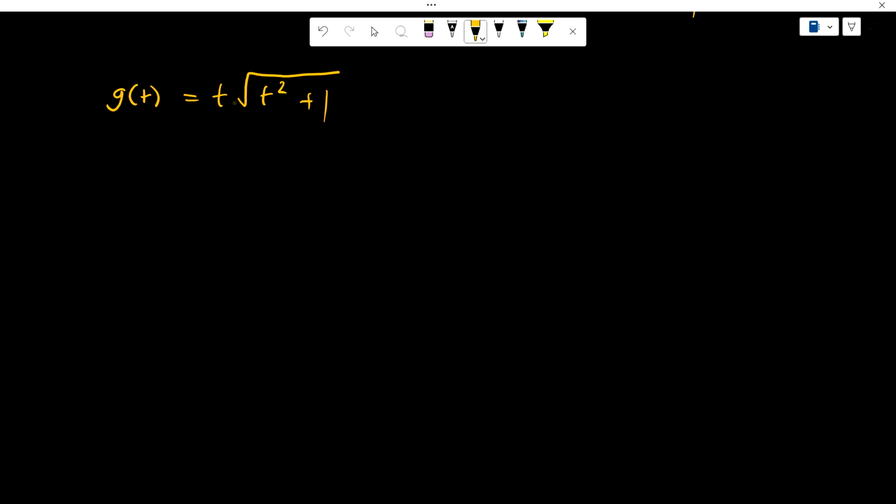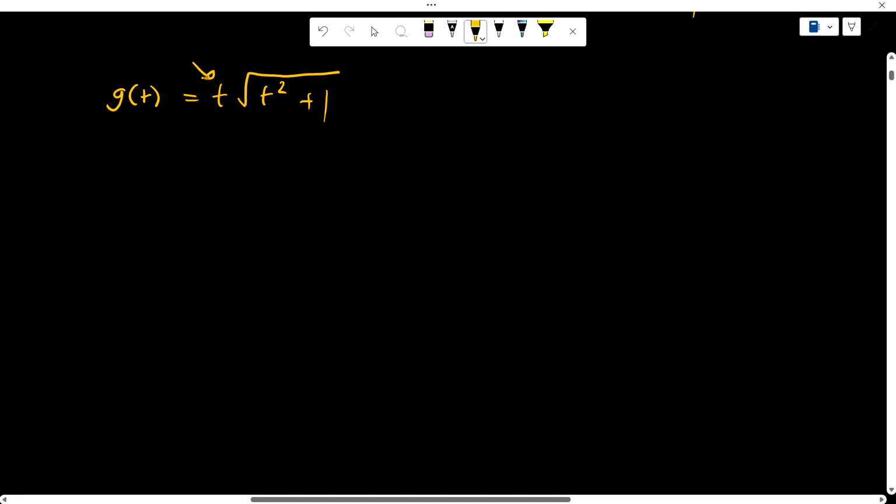So if we can use the product rule here, we can differentiate this one. So let's first use the product rule. The product rule says we differentiate the first one, or the second one, it doesn't matter, then you multiply it with the second one, and after that we differentiate the other one and multiply it with the first, right? So let's do that.